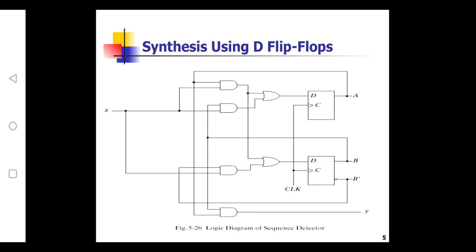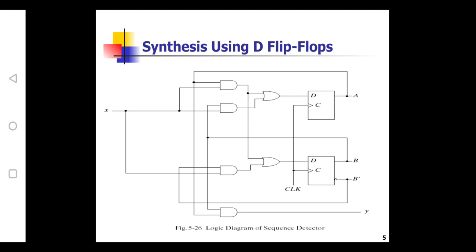And the last is we need to draw the circuit for the output Y equal to A dot B. So we need to use an AND gate, and the inputs for the AND gate are the output of the dA flip-flop as well as the output of the dB flip-flop. This is the logic diagram of a sequence detector for the given problem statement.